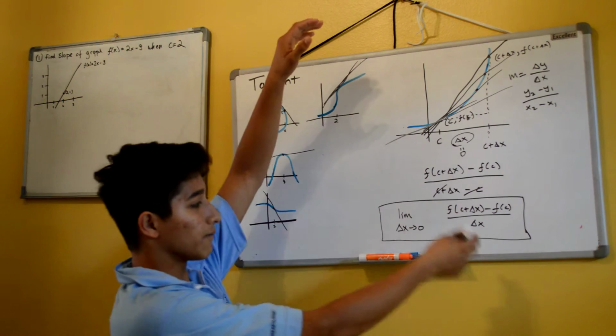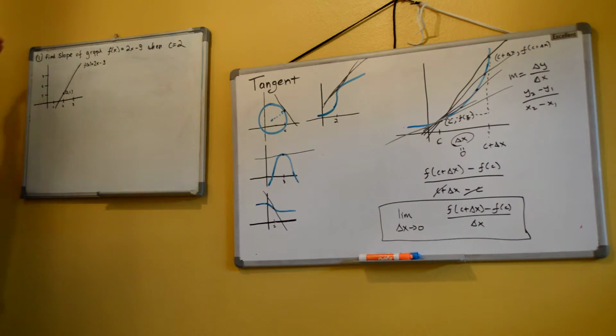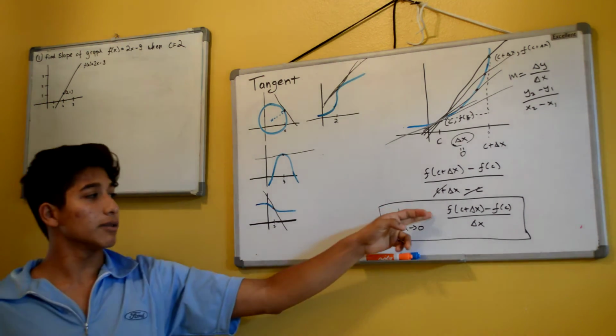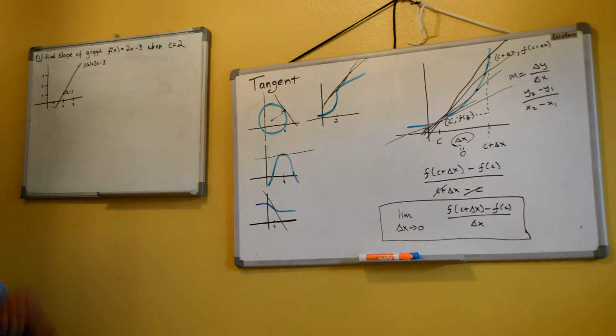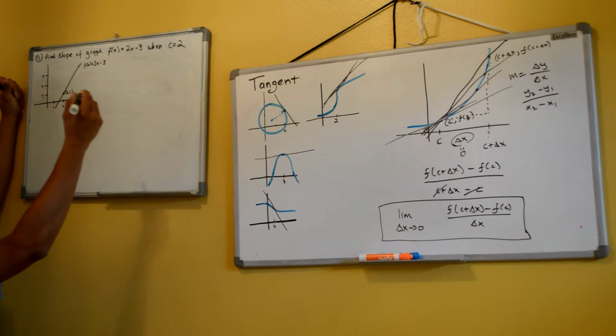So now that we have this, now let's move on to our problem over here. So this is a pretty basic, simple problem, but we're gonna use what we figured out over here to find our slope of the graph when c is equal to 2, right? So let's figure this out.